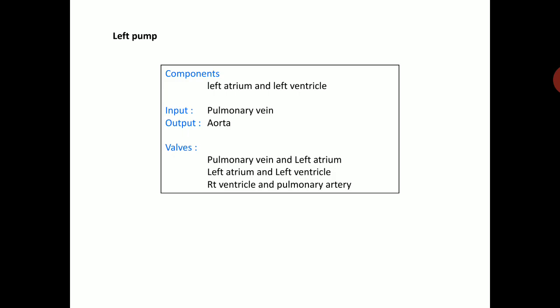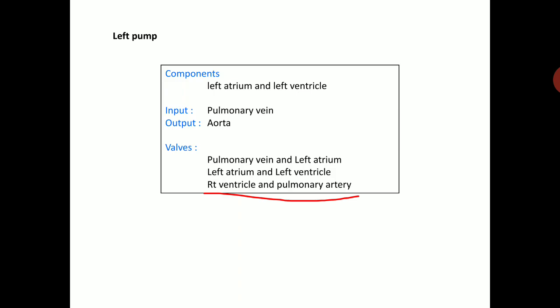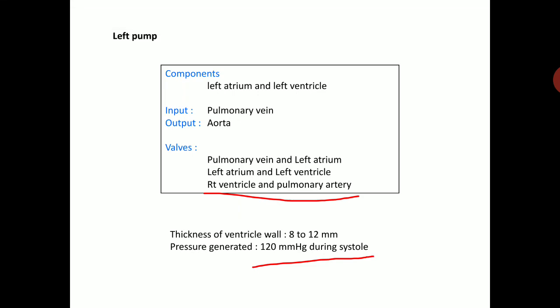Input is through the pulmonary veins and output through the aorta. Valves are present between the pulmonary veins and left atrium, and between the left atrium and left ventricle this valve is called the mitral valve. Between the left ventricle and the aorta, it is wrongly written here, it is left ventricle and aorta, and this is also a semilunar valve. The thickness of the left ventricular wall is 8 to 12 millimeters, which is 3 to 4 times more than that of the right ventricle, and the pressure generated is 120 millimeters of mercury during systole.